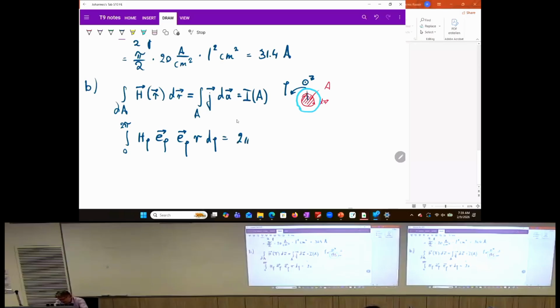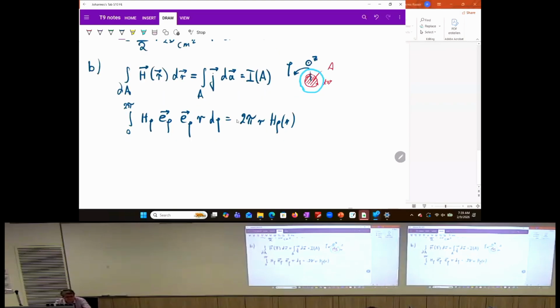And that gives us, because we have no variation with phi, just 2 pi r times H phi of r. And that means the H phi of r is always, in this problem, the current enclosed or flowing through that control area divided by 2 pi r.